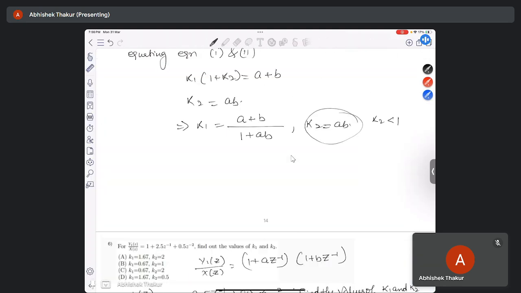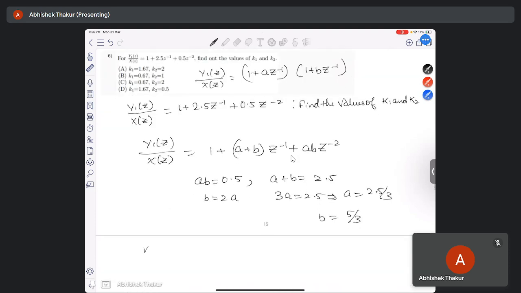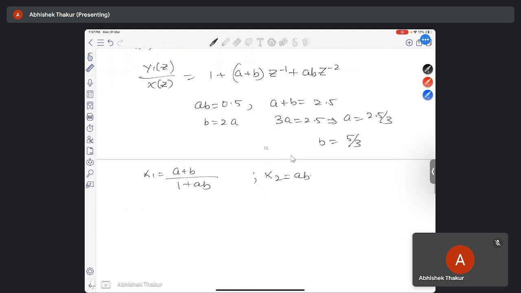And what was the value of k1 and k2? k2 is ab, k1 is a plus b divided by 1 plus ab and k2 is equal to ab. So you can directly get k2 is equal to 0.5 and k1 is equal to a plus b, that is 2.5 divided by 1 plus 0.5. Sorry, we don't have to calculate the value of a and b here.